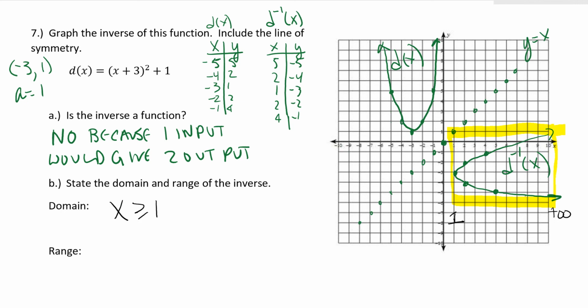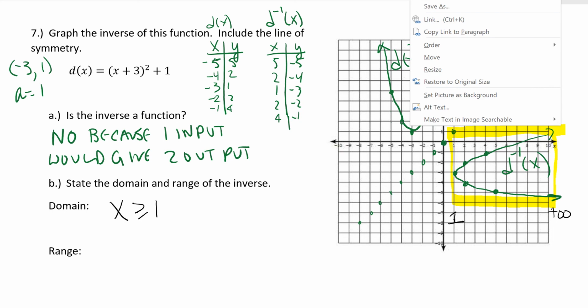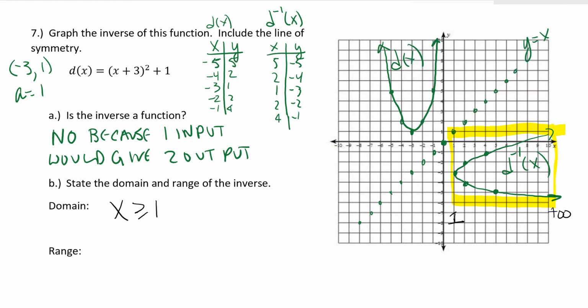And then this goes to positive infinity in this direction, and this is going to go to negative infinity this way, and this is going to go to positive infinity.